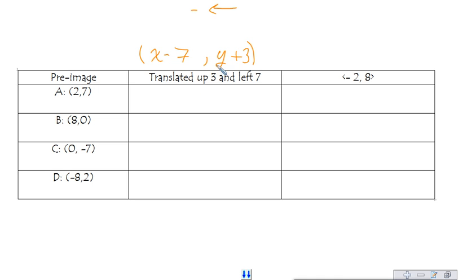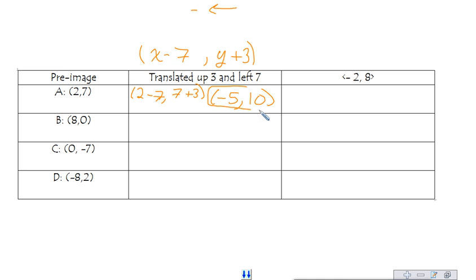Okay, so being able to take the words and know what it means and deal with the coordinates. So I'm going to do my 2 minus 7 and my, I don't have to write y, I can write my actual value. 2 minus 7 and then my 7 plus 3. Well, 2 minus 7 is negative 5. 7 plus 3 is 10.